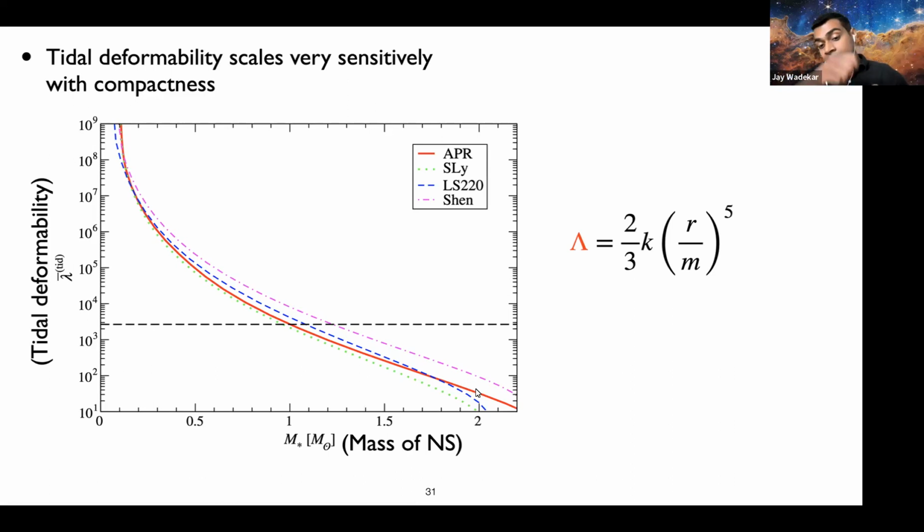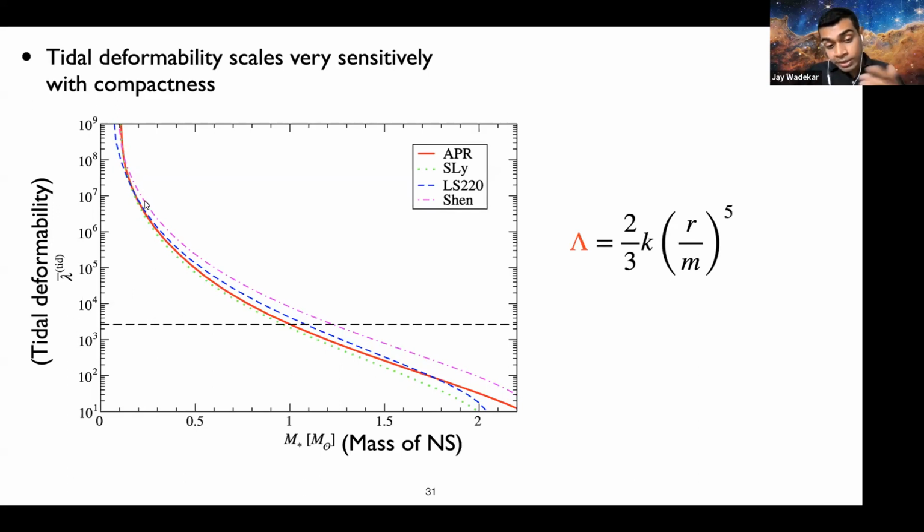But if you look at some equations of state of neutron stars, for example, you can see that as you decrease the mass of the neutron star, the tidal deformability goes up by a huge factor. And our worry was that maybe we would lose some of the binaries which have high tidal deformability.